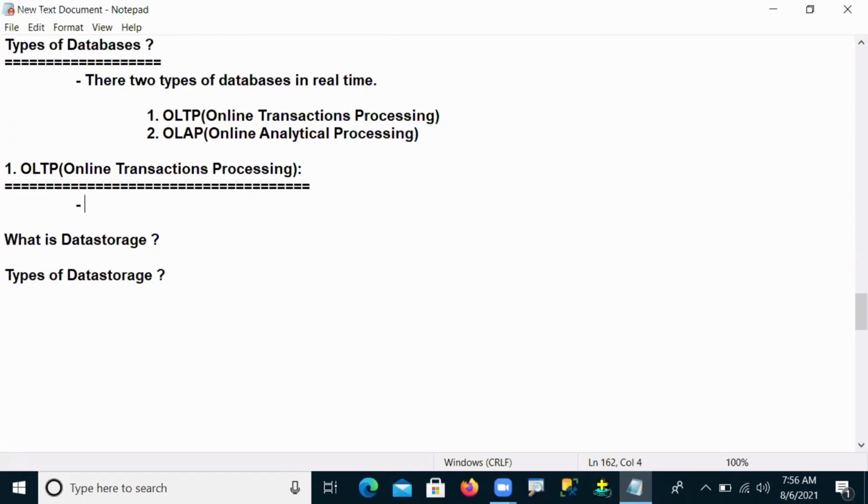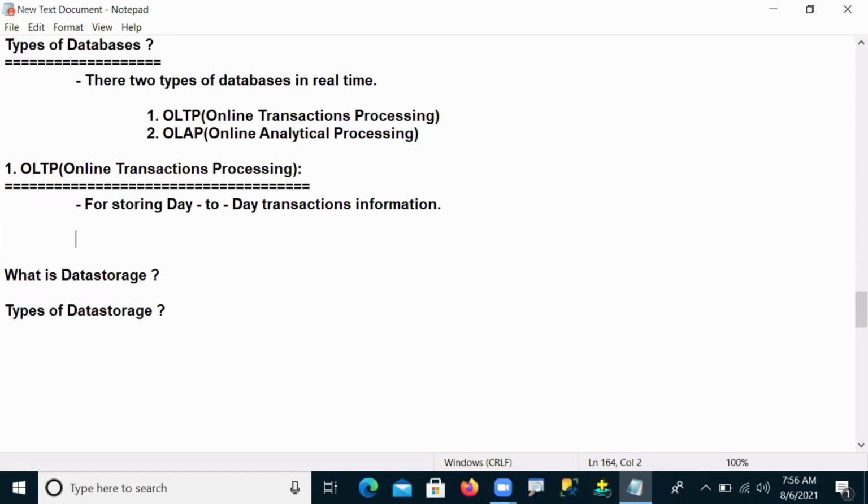For what purpose are they maintained? For storing day-to-day transactions information. What do day-to-day transactions mean, sir?